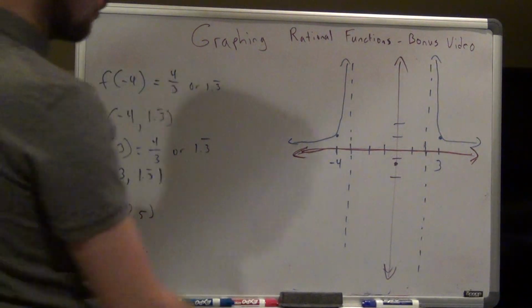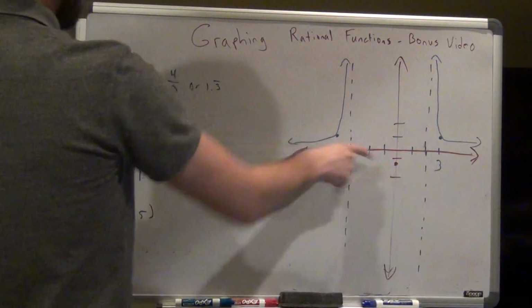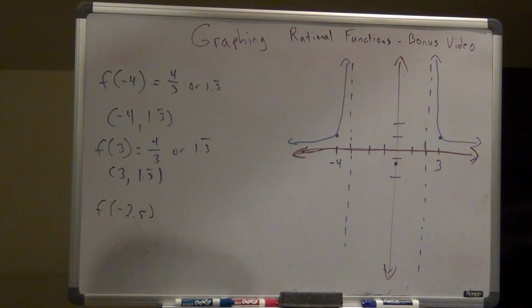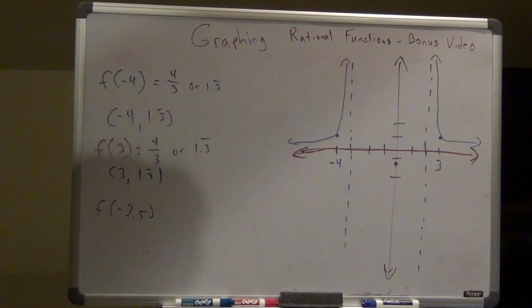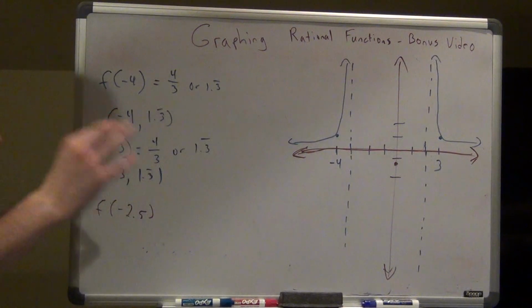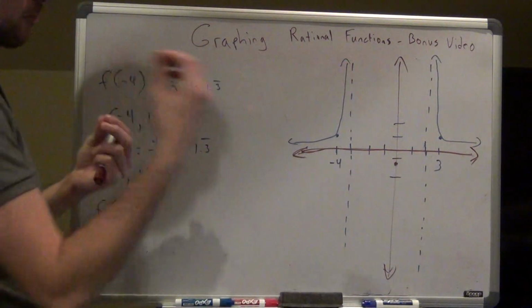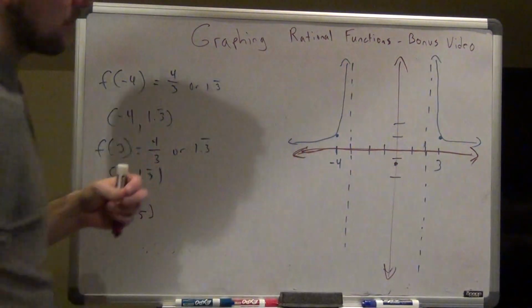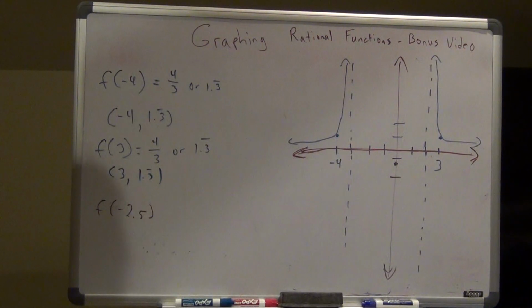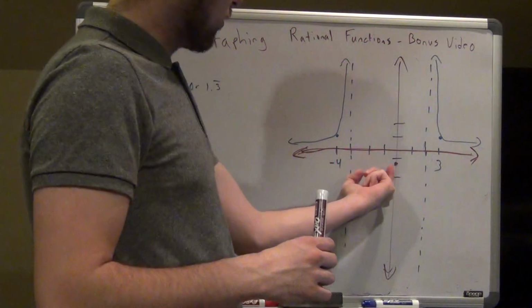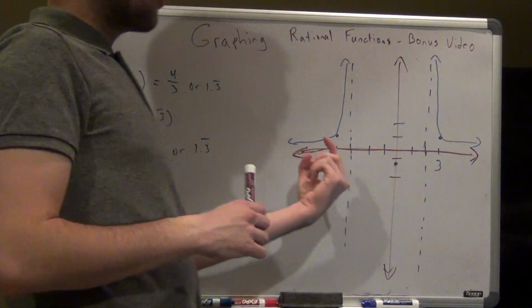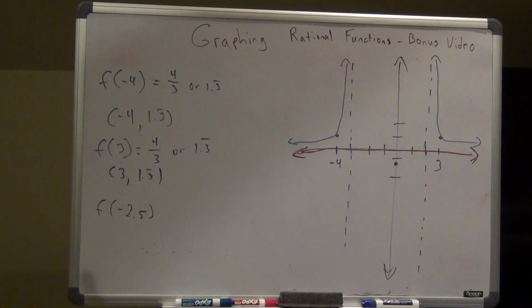Now, in the middle here, I had a y-intercept that I plotted in the beginning, which was 0, negative 1.3, or negative 4/3. I need to figure out what the behavior to the left and to the right of this y-intercept is. First, I'm going to the left. I picked negative 2.5. Now you're saying that's really random.